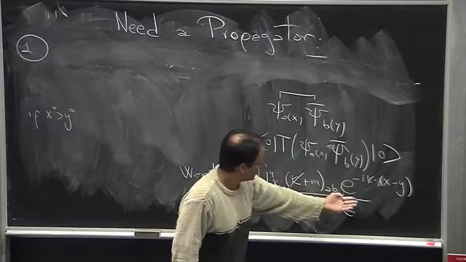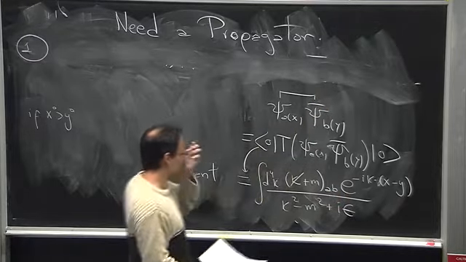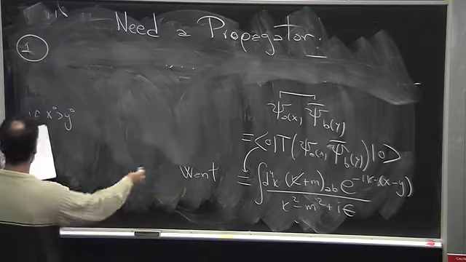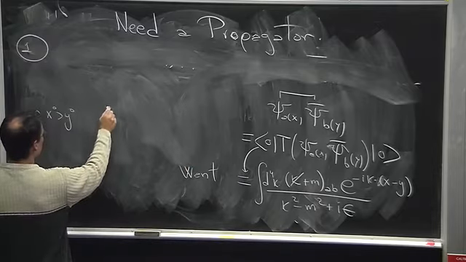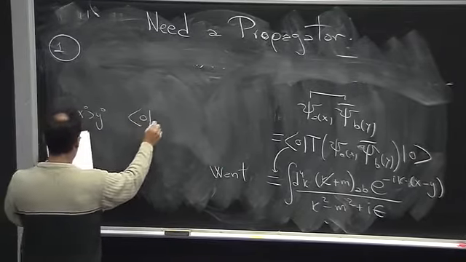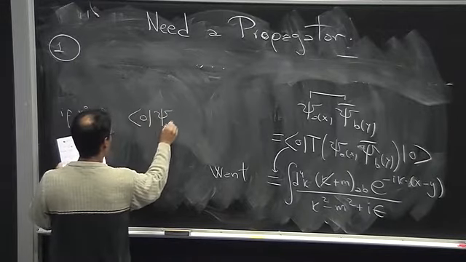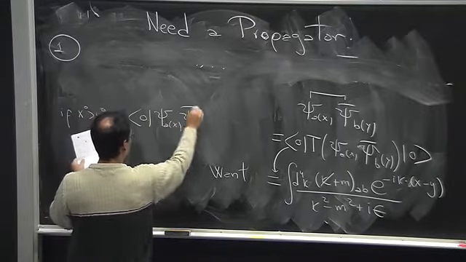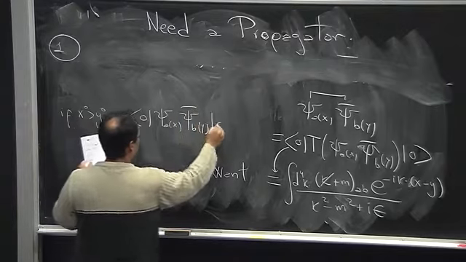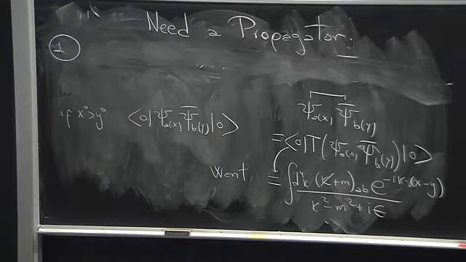There is only one choice to close this contour around infinity. And when you do it, you find exactly what you would get if you did this computation. Not surprisingly, everybody guessed that part, right?